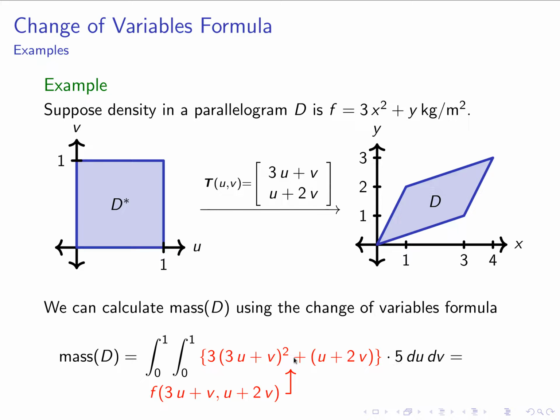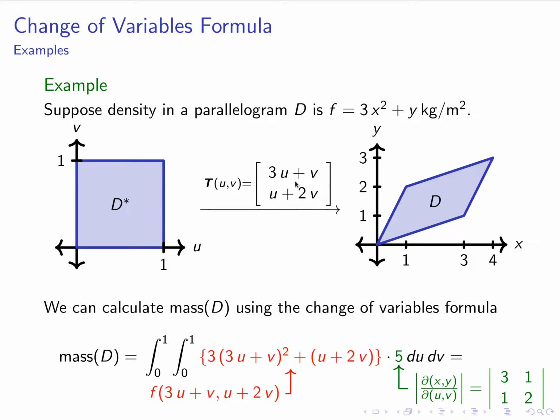So in our integrand here, to use the change of variables formula, this portion in the curly braces is equal to the value of f of x, y, where x is replaced by 3u plus v, and y is replaced by u plus 2v. And this 5 is the absolute value of the Jacobian determinant of the change of variables function.